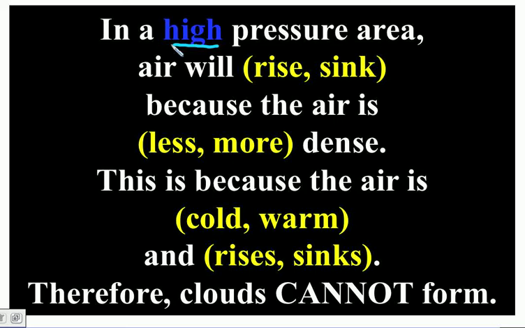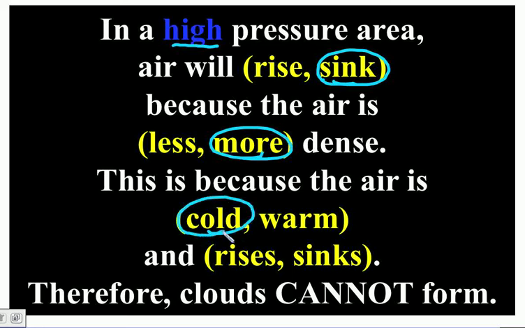High pressure, of course, is going to sink within the atmosphere because it is more dense, right? The reason it's sinking is because the density is higher, more molecules compacted together. This is happening because the air is at a colder temperature, which again causes it to sink, making clouds unlikely to form in a high pressure system, high and dry. That's what we talked about.